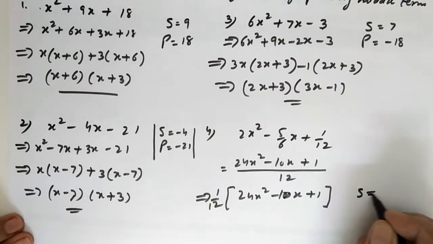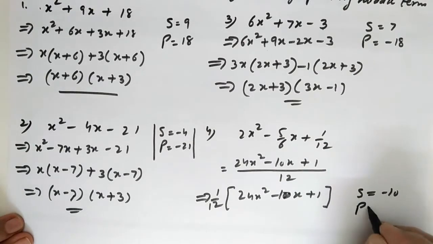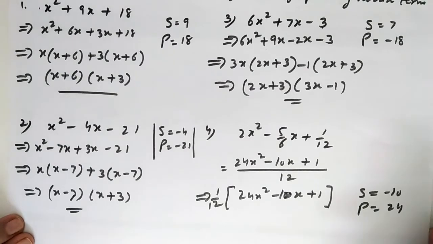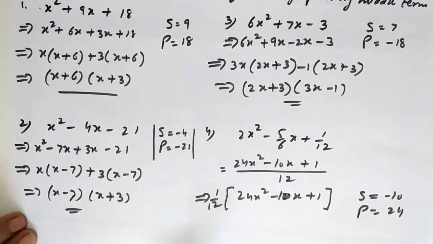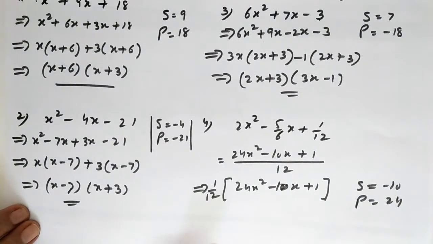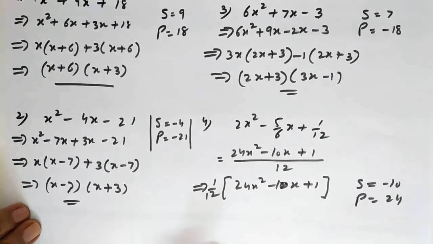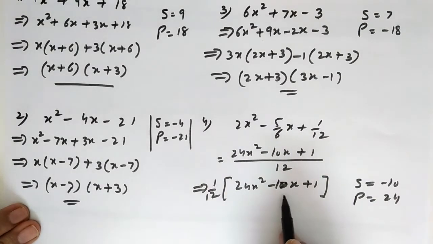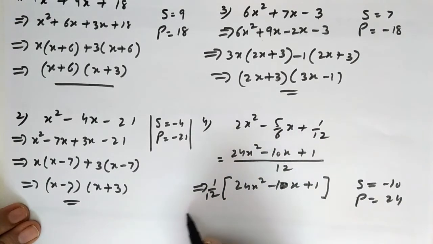This shows that both the terms will have negative sign, and the product of two negative numbers is plus. So this will be 6 and 4. 6 and 4 sum to 10, and 6 times 4 is 24.